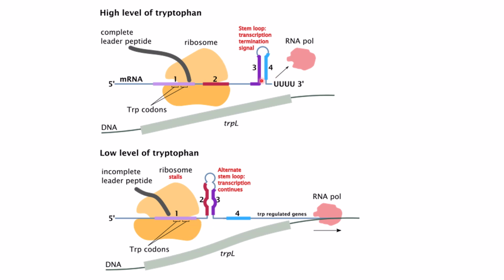Regions 2 and 3 are free to form a hairpin loop, and 3 and 4 can also form a hairpin loop. This hairpin loop formation varies depending on the high or low concentration of tryptophan. First we will see what is happening at low tryptophan concentration. This leader peptide has tryptophan codons, 2 TRP codons over here. In the low tryptophan condition, the ribosome encounters these TRP codons and stalls there.